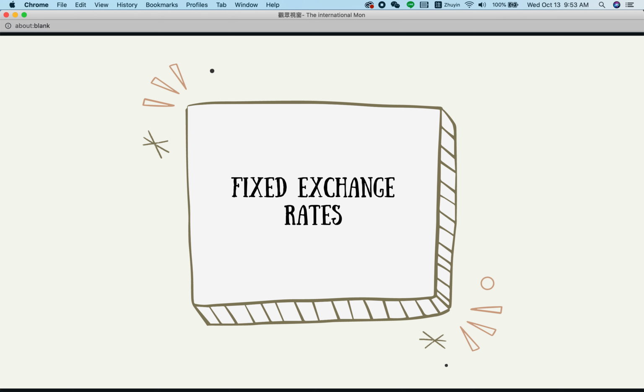So, what about the fixed exchange rate? The case for fixed exchange rates rests on arguments about monetary discipline, speculation, uncertainty, and the lack of connection between the trade balance and exchange rate.